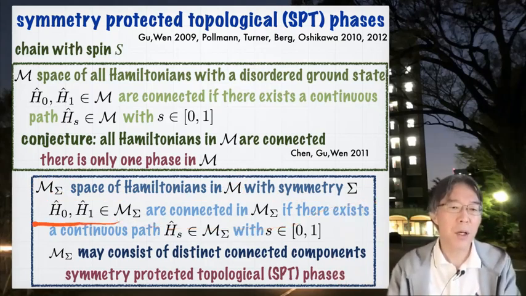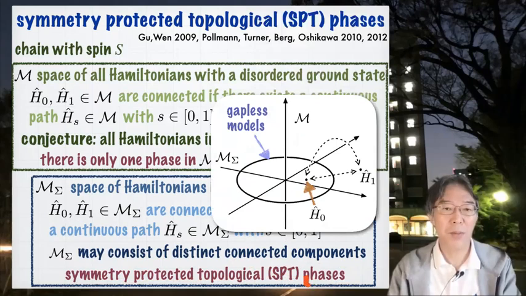Take again two arbitrary Hamiltonians from M_σ, and we say that they are connected if there is a continuous path within M_σ connecting them. With this definition, M_σ may consist of distinct connected components, unlike before. If this is the case, we say that these connected components are different symmetry protected topological phases, SPT phases.